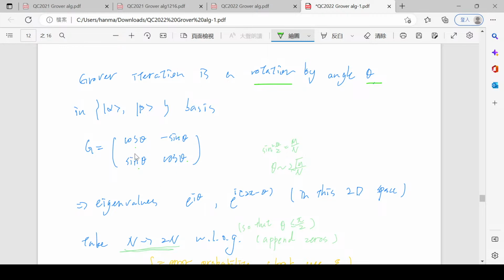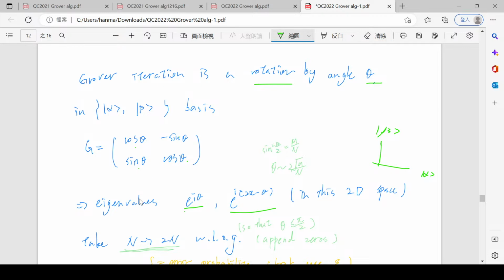And you can calculate the eigenvalues. Obviously, they depend on theta. It's not too hard to calculate, so skip that, and you will find out that the two eigenvalues are e to the i theta and e to the i (2 pi minus theta). And so that's the eigenvalues in your alpha beta subspace. Okay. Nothing too much happens.